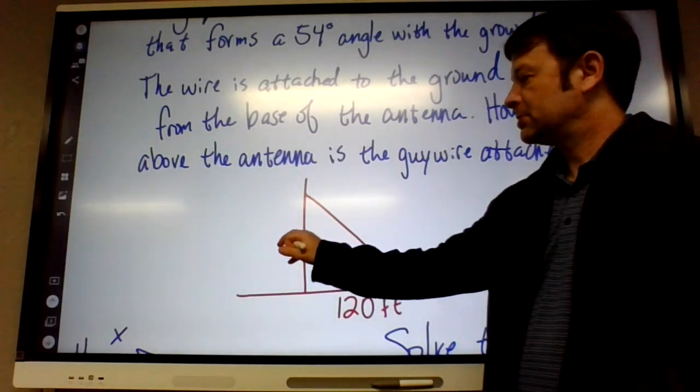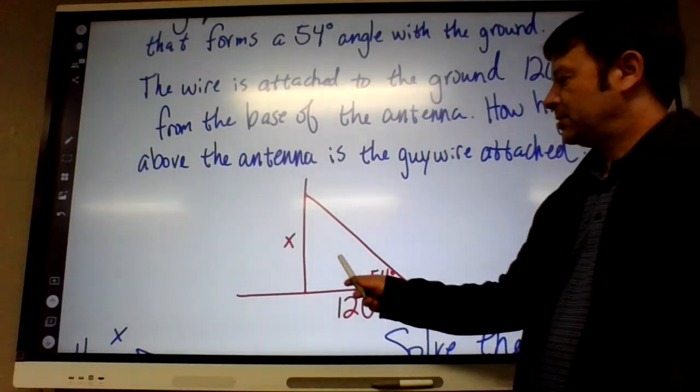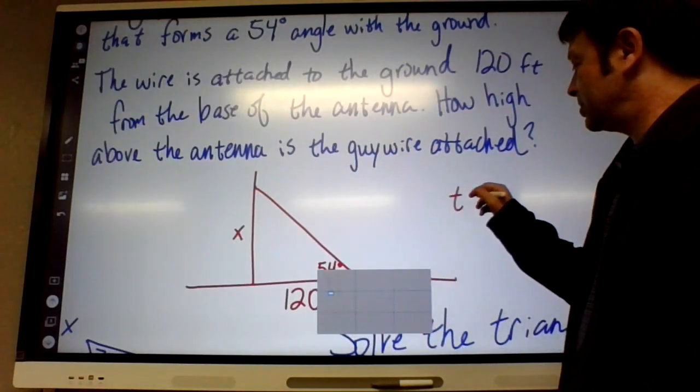So that makes sense. We have the adjacent, we need the opposite. Opposite and adjacent again, so it's tangent again.